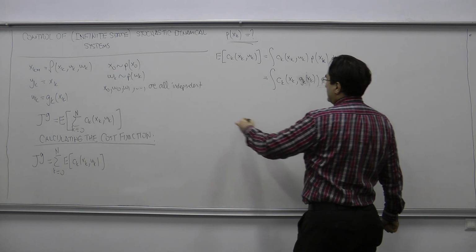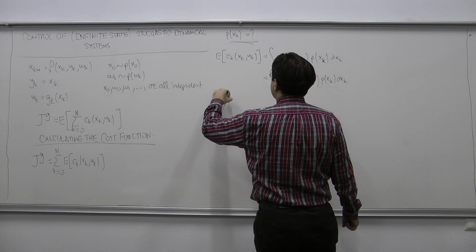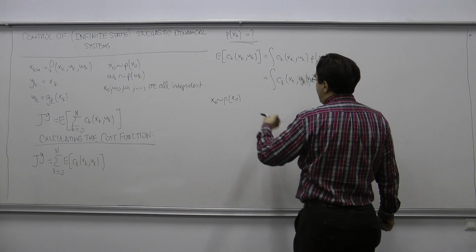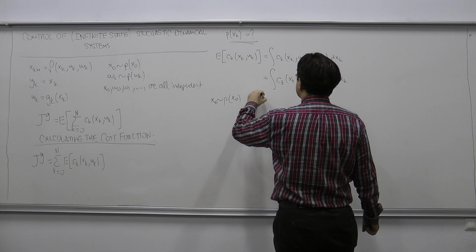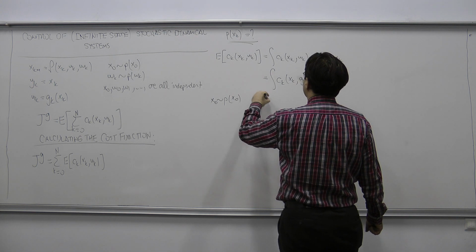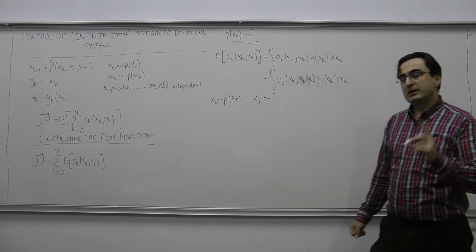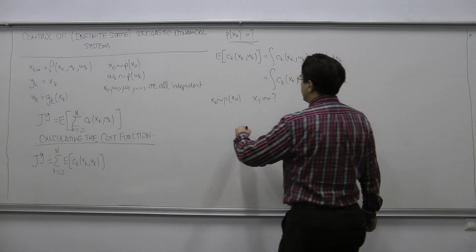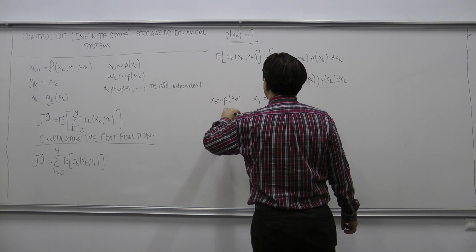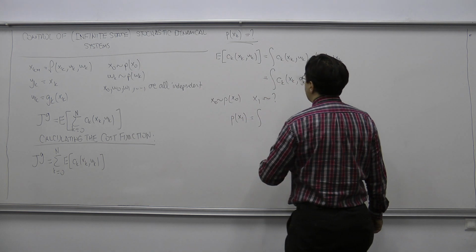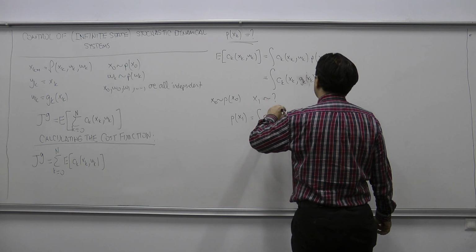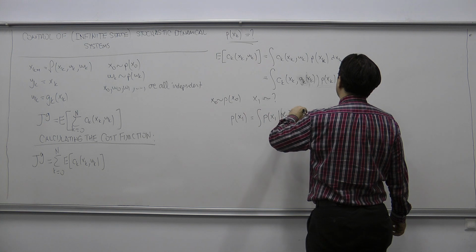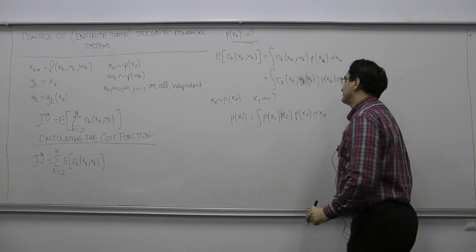If I would like to calculate this, I have the following equations. I have x0 distributed as P of x0, and I would like to know what the distribution of x1 is. Okay? And in that case, in the coming lectures, we are going to be able to write this like this: P of x1 is P of x1 given x0 times P of x0 dx0.